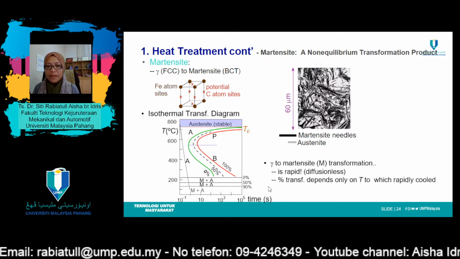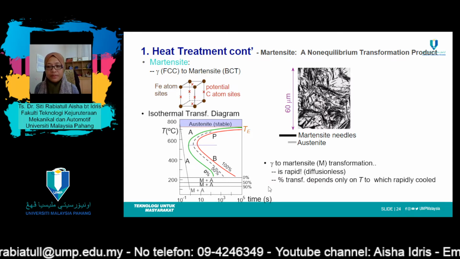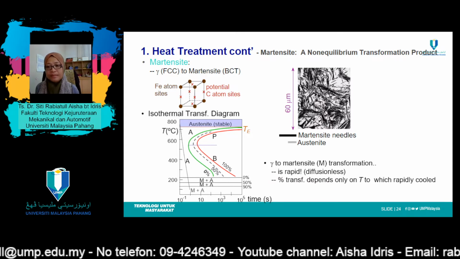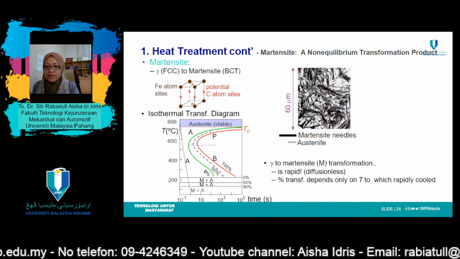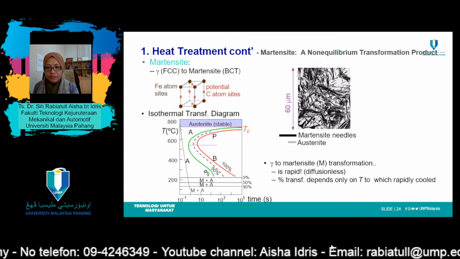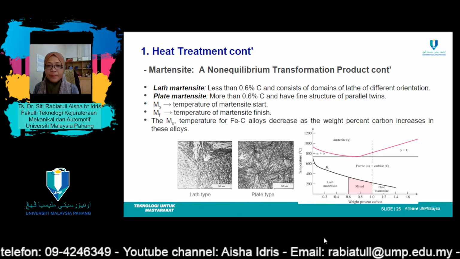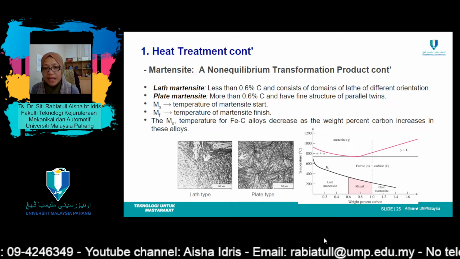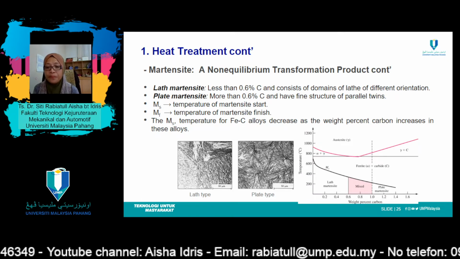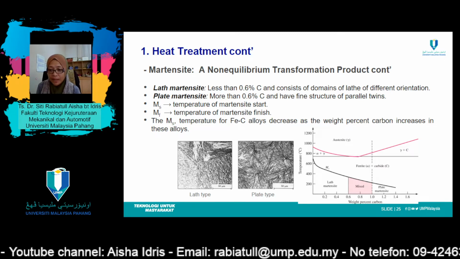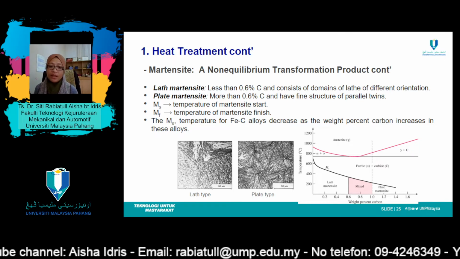Okay, so martensite is a rapid process and it is diffusionless. And martensite can be divided into two, lath type and plate type, or a combination of lath and plate type.